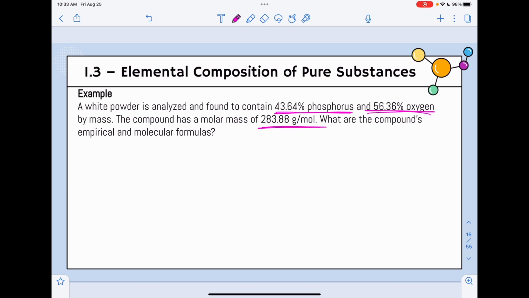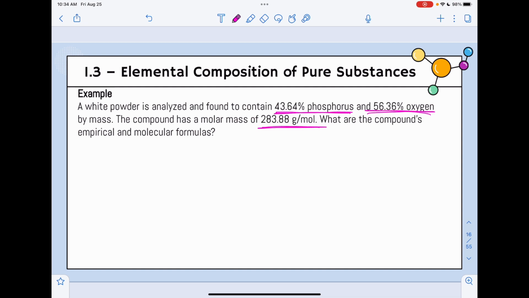This is going to give us our molecular formula first, which we can then reduce to the empirical formula if it can be reduced. So it's kind of the opposite of our previous problem, where we assumed 100 grams, worked up to the empirical formula, then got to the molecular. Now we're going to assume that we have 1 mole. We'll figure out the molecular formula and then reduce to the empirical.